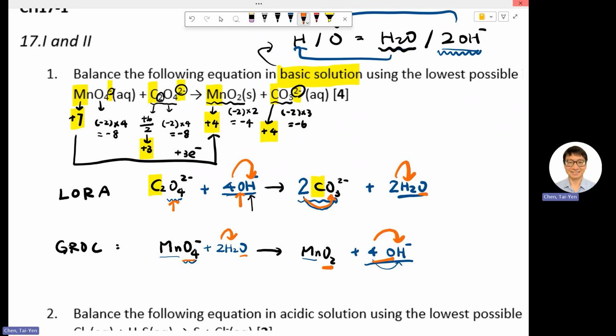Okay, so by doing this, we balance out your G rock as well. After we balance out the atoms in both your LoRa and G rock, the next step is to balance out the net charges on both sides of your LoRa and G rock. Okay, so with that being said, let's focus on the charges now.